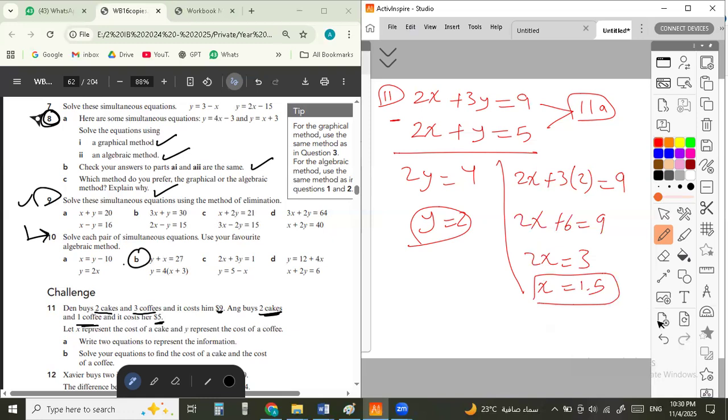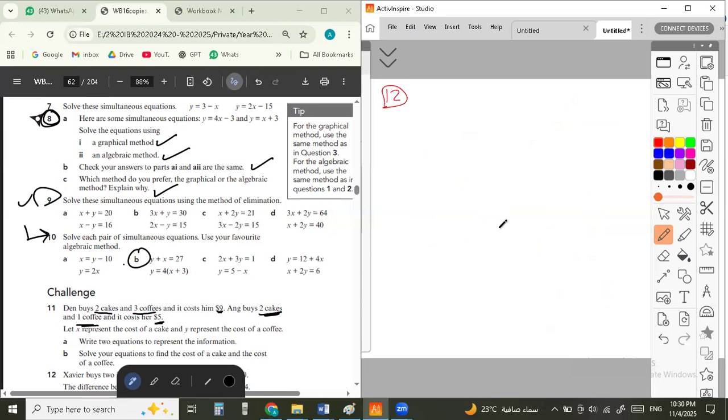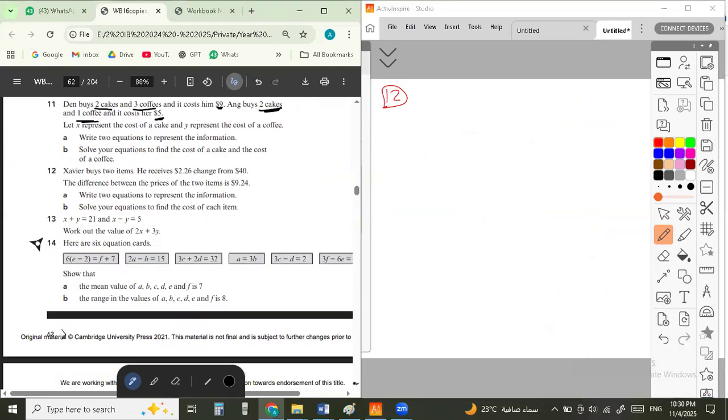Question 12. Question 12 says Zafir buys 2 items. He receives 2.26 change from $40.